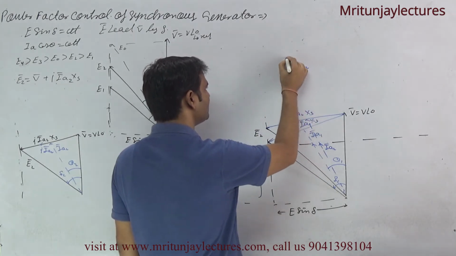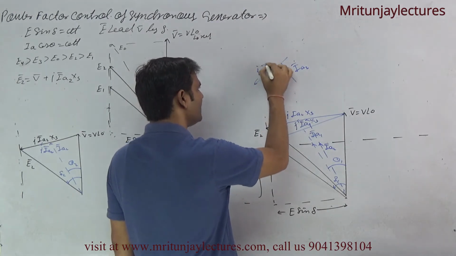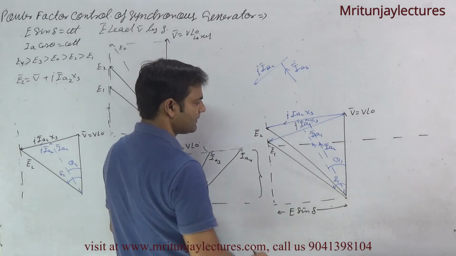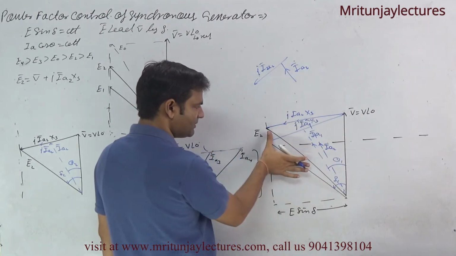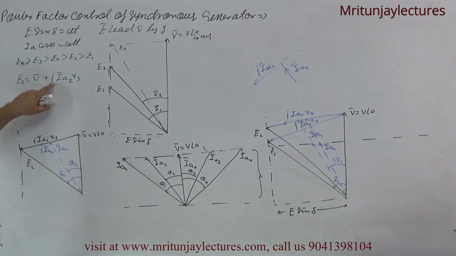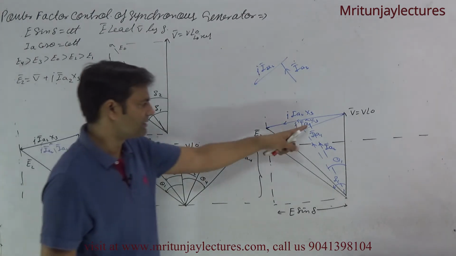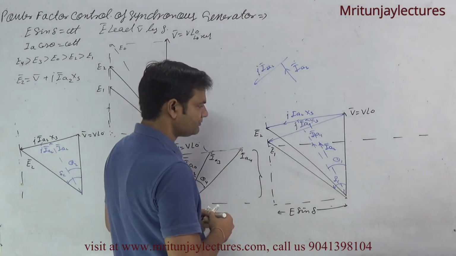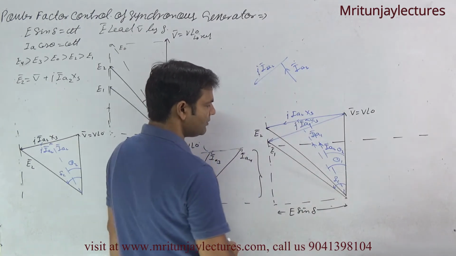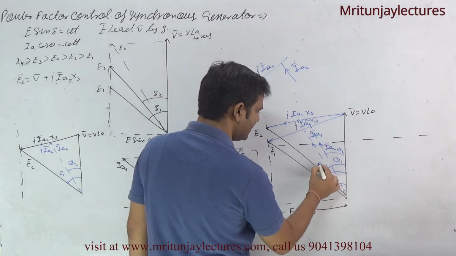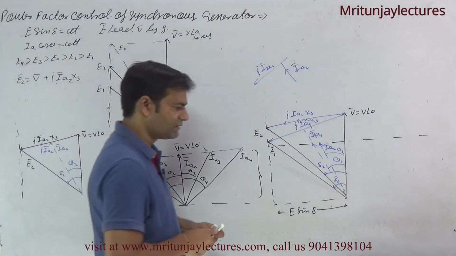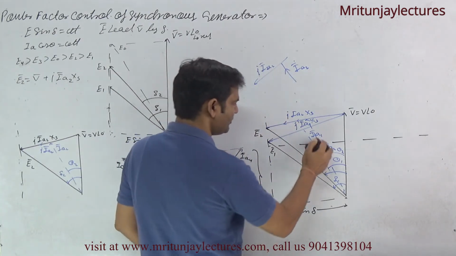Clear? This one plus this one will be equal to E2. E2 will be equal to V plus j Ia2 into X, that's why I represent it here. Clear? Now this angle is theta 2, and this angle is delta 2.